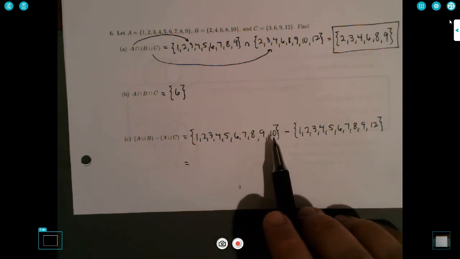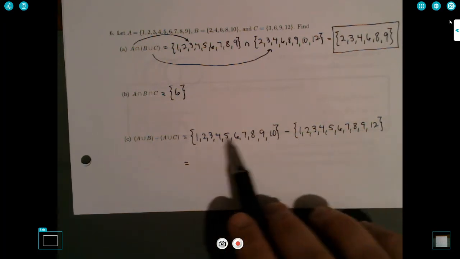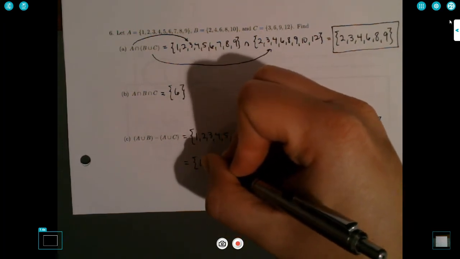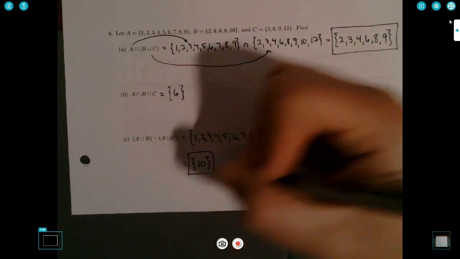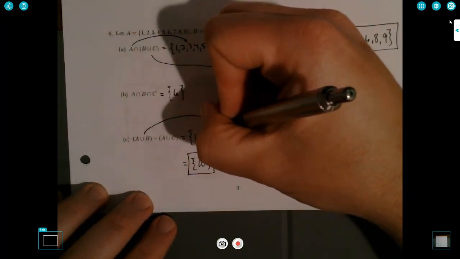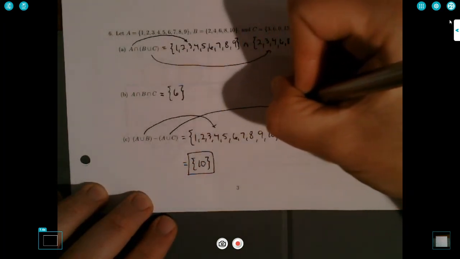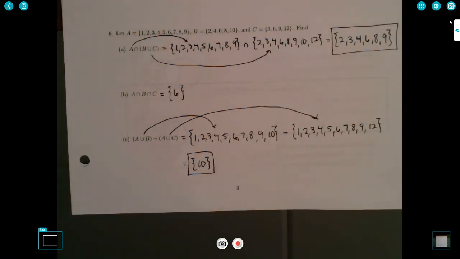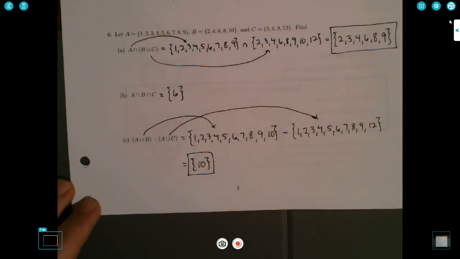The only thing that's going to end up here is 10, because 10 is in this first set, but it's not in the second set. So 10 is the answer there. Again, I did the stuff in parentheses first, and then I took their difference.